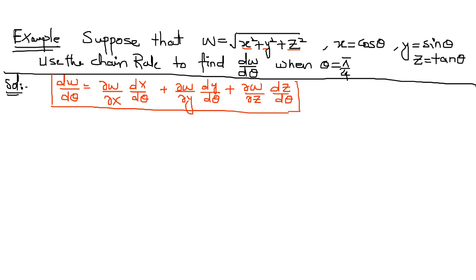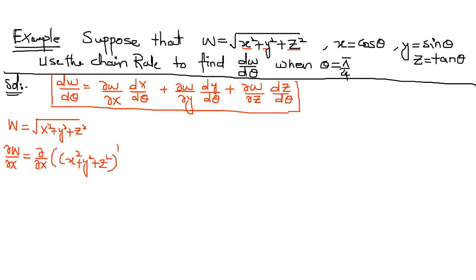First one is that w is given, which is equal to square root of x square plus y square plus z square. You need to find the partial derivative of w with respect to x. So I can write this one as x square plus y square plus z square whole power 1 divided by 2.